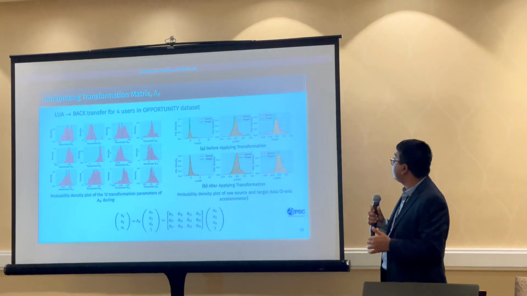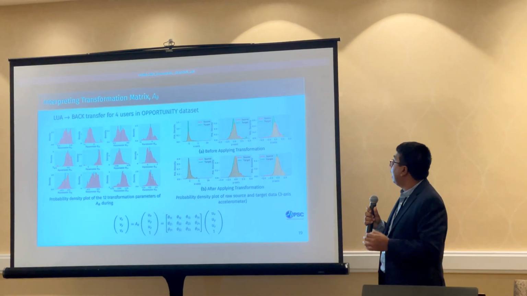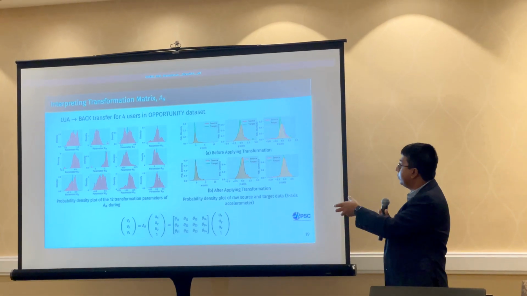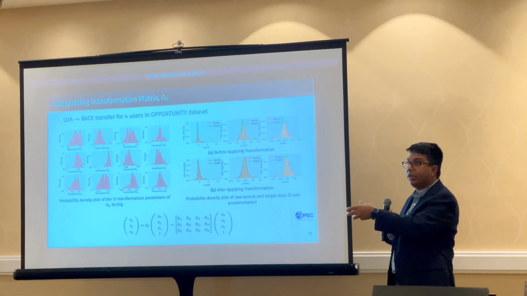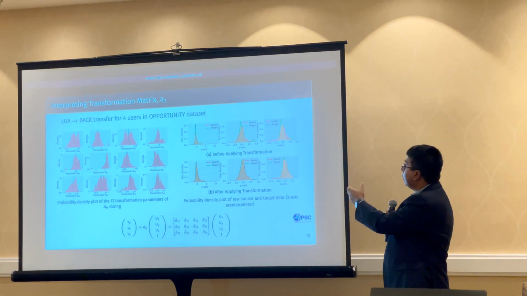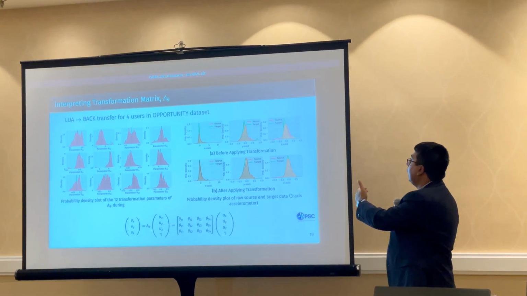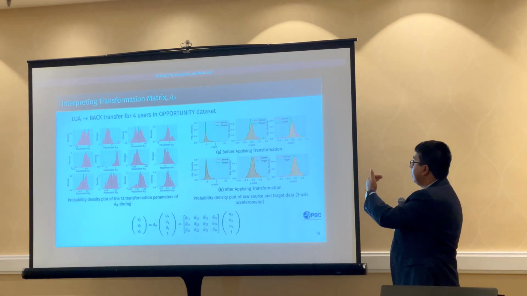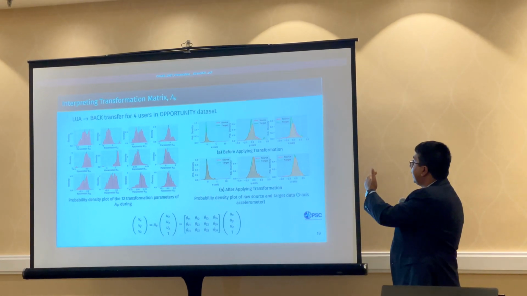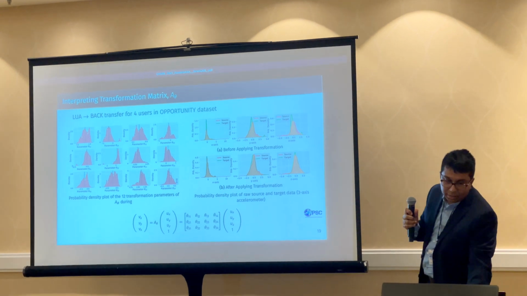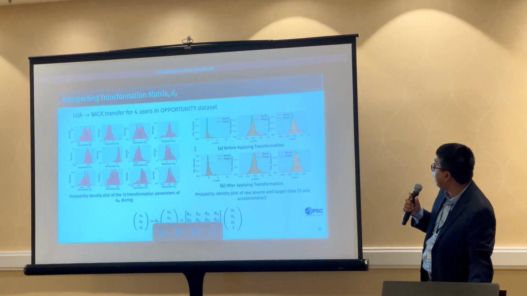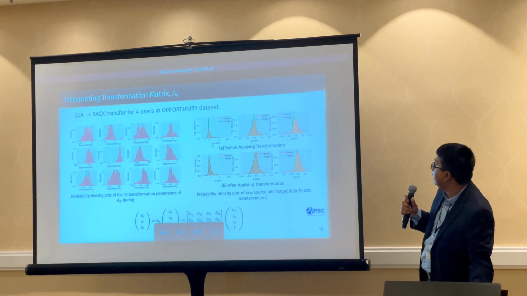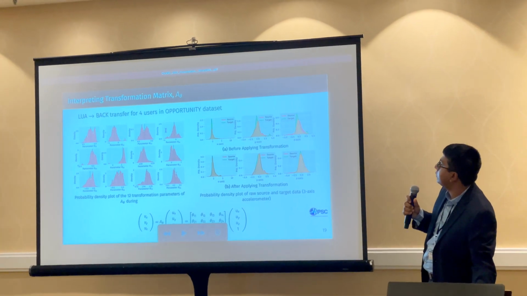And also on the interpretability. If we take the probability density plot of the parameters that we have regressed, we can plot those out, and also take a before and after superimposed comparison between the target and source samples. You would see that there is much more overlap after applying the transformation, and some of this can be traced back to the transformation matrix.